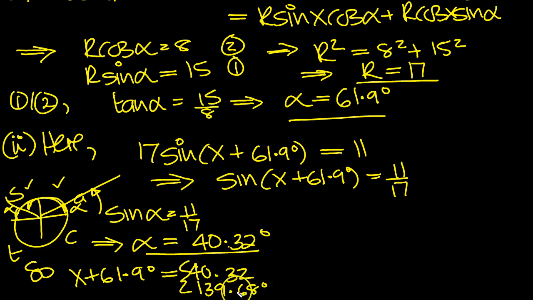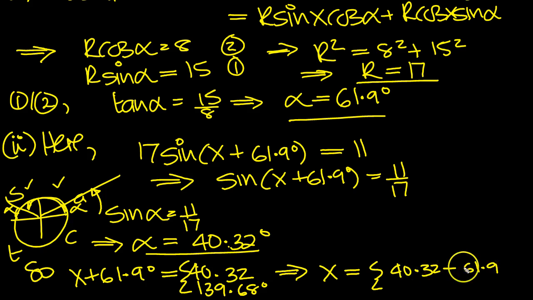So x is 40.32 minus 61.9, but that's negative and outside our range, so we need to do one full turn. And also we got 139.68 minus 61.9, and that's in our range, no problem.